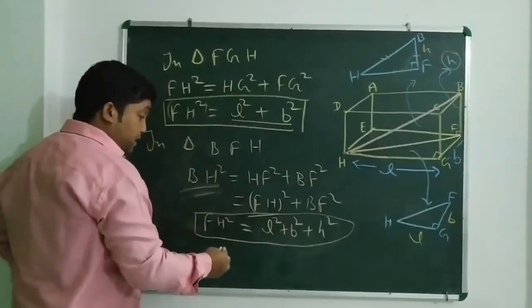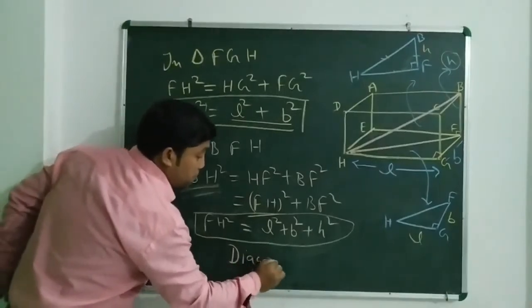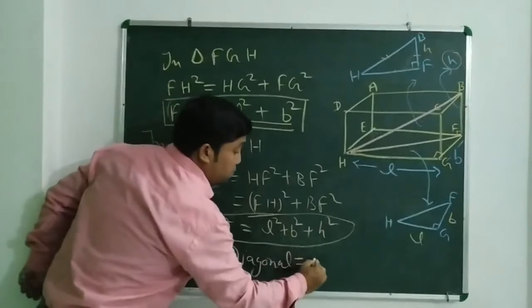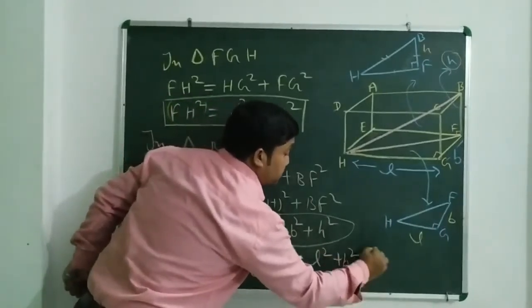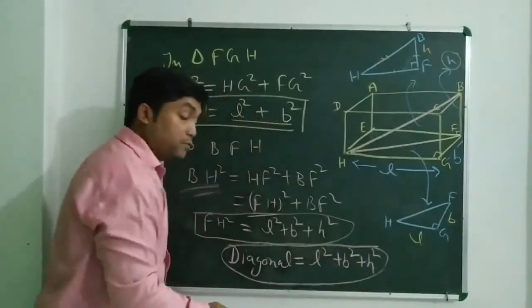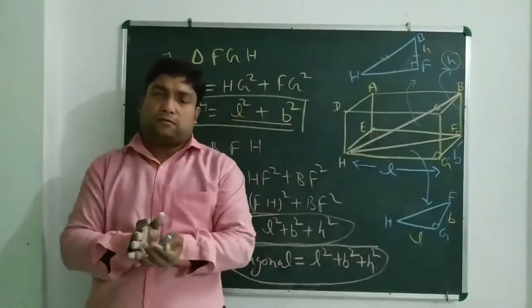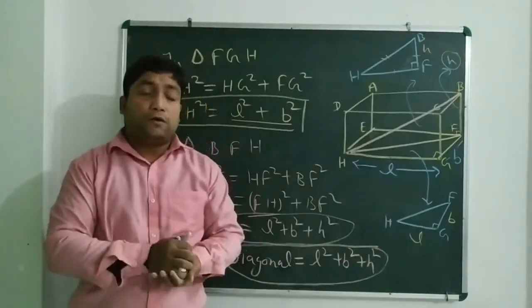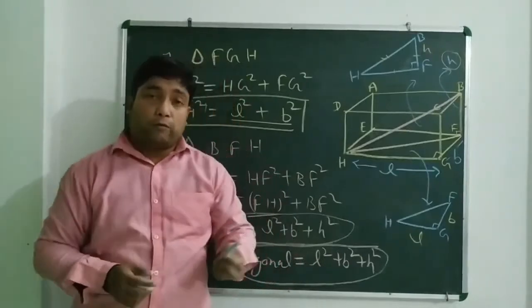It means that the formula is that the diagonal square is equal to length square plus breadth square plus height square. So if you have any question, like in the cuboid, what is the maximum length we can put in the cuboid?